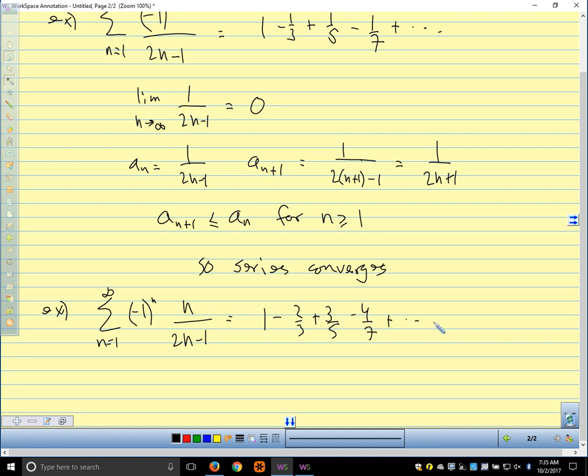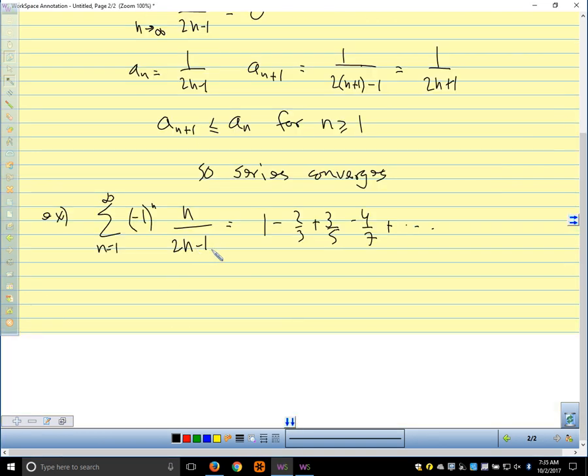And let's pretend that we didn't do the limit test first, the limit as n approaches infinity. We wanted to test to see if our terms are decreasing. Because what is the limit as n approaches infinity of this thing? 1/2. So if we tested that first, we would know that this diverges. So let's pretend that we didn't test that.